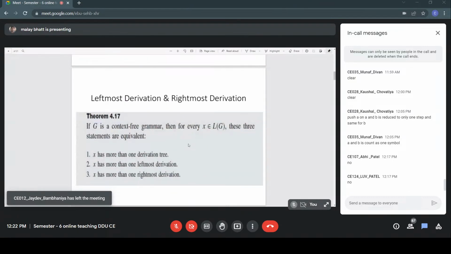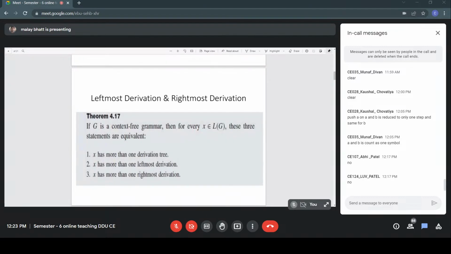So basically, if G is a context-free grammar, then for every string X which belongs to the language, these three statements are equivalent: X has more than one derivation tree, X has more than one leftmost derivation, X has more than one rightmost derivation. When you consider any string X, having more than one derivation tree is possible.